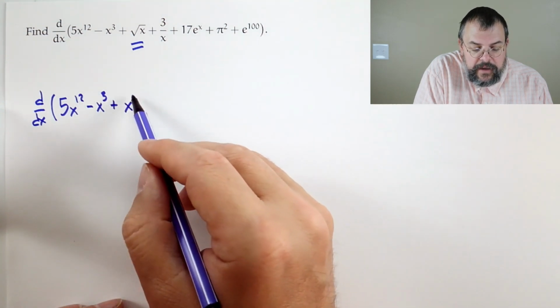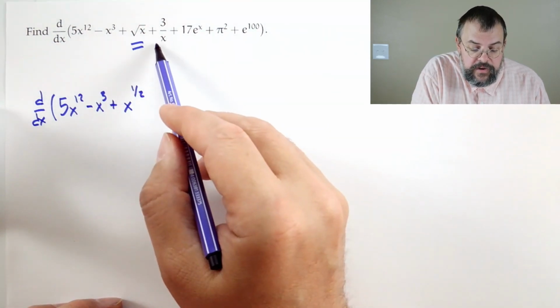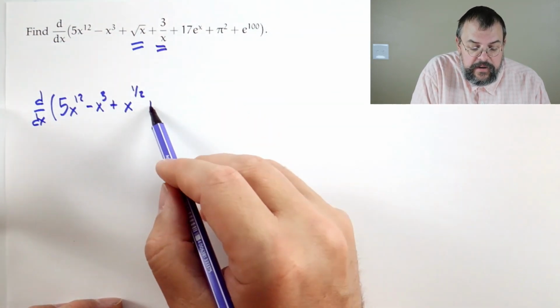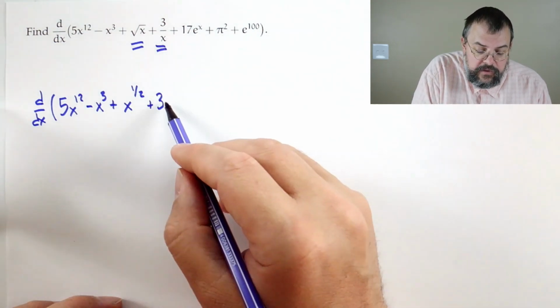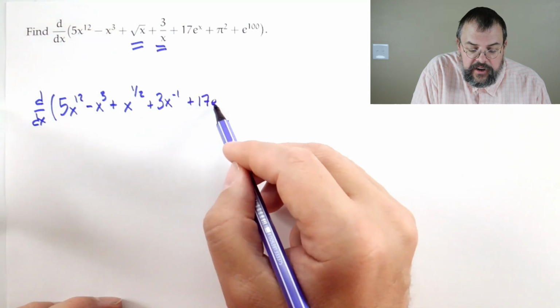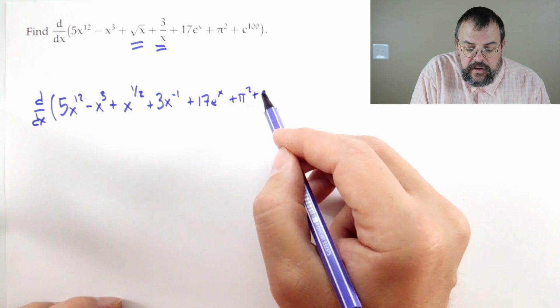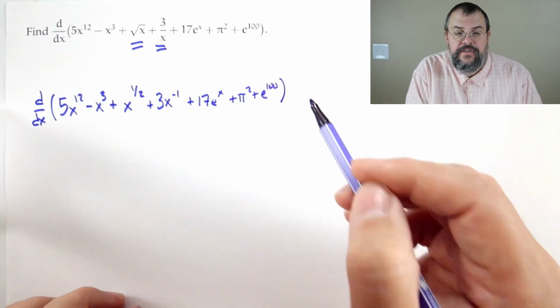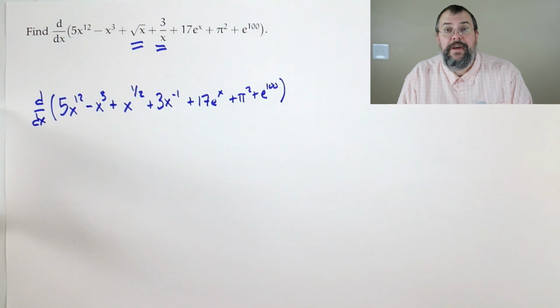So it'll become x to the power 1/2. Now the other thing I want to do is this 3 over x. 3 over x, I'll write it as 3, and the 1 over x becomes x to the minus 1. So this is now more calculus friendly. In other words, what's happened is I have made it so that I can fit my rules to the situation. We want to make them compatible with our rules.